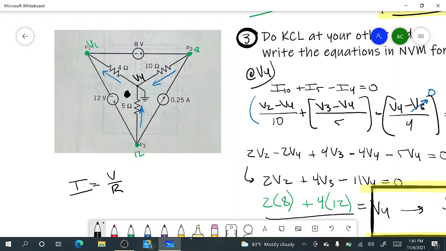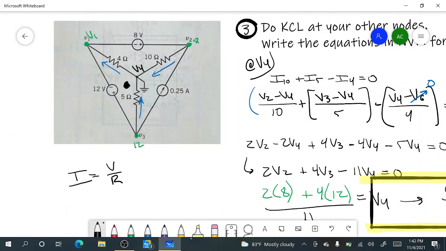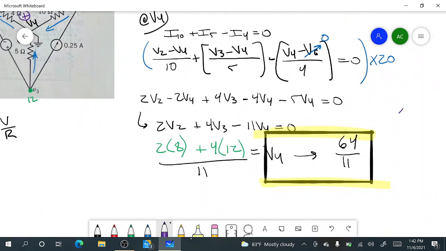That's not necessarily going to stop me from doing what I need to do. Why? Because if I knew V4 to the ground, right? If I look at it like this, let's put the ground back. If I put the ground right here, then V4 would be plus and the ground would be minus, and I knew that V4 was positive 64 over 11.